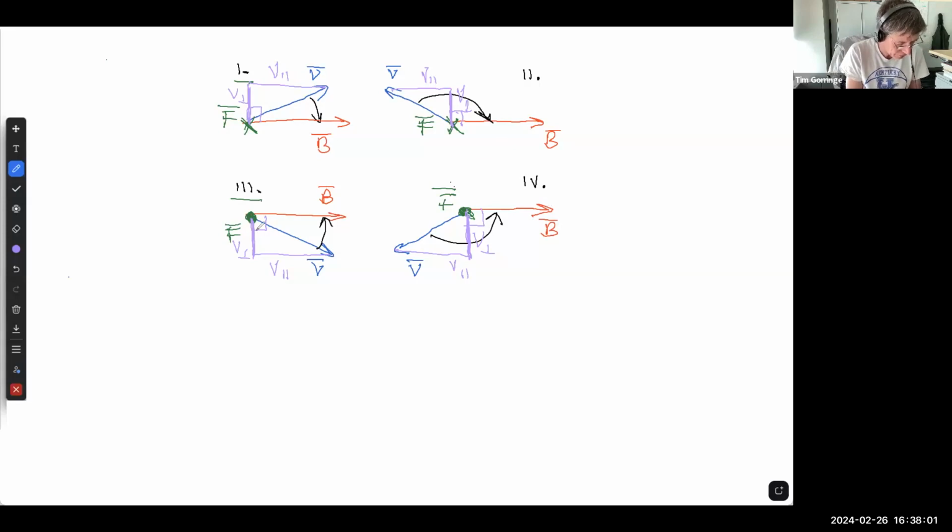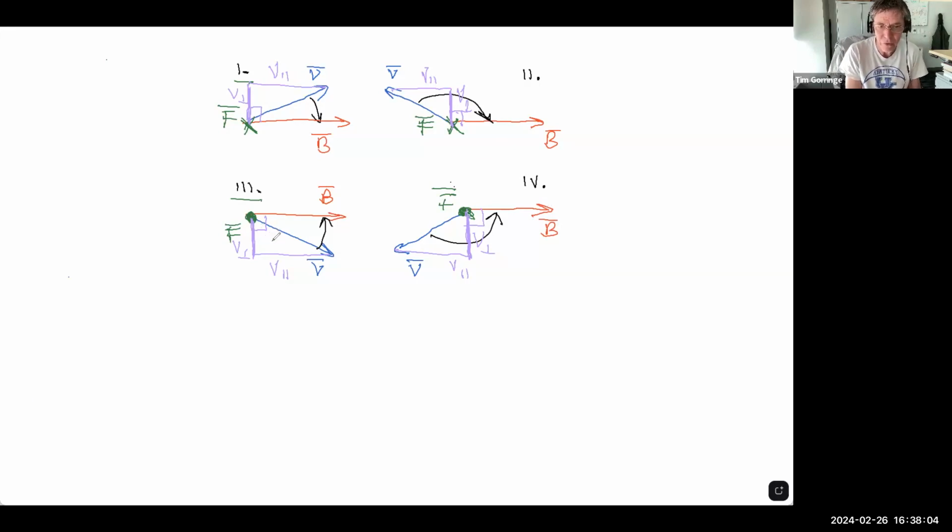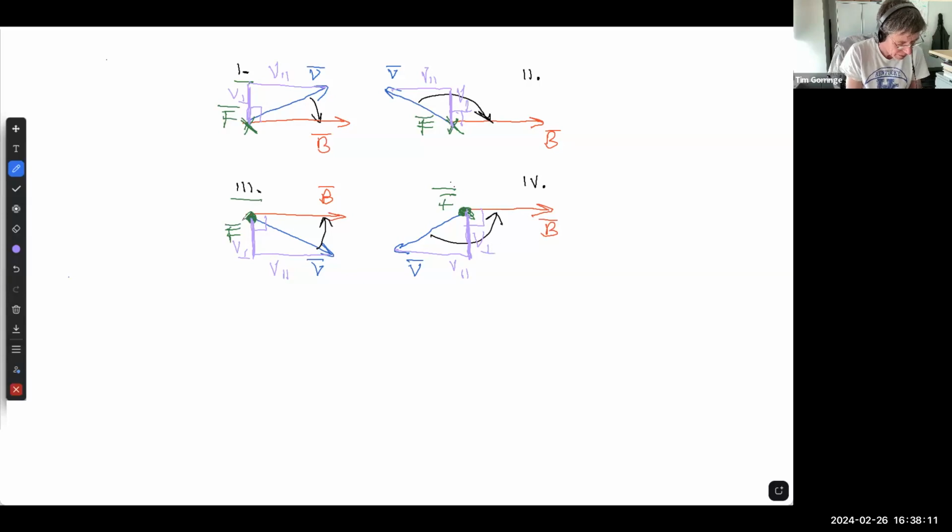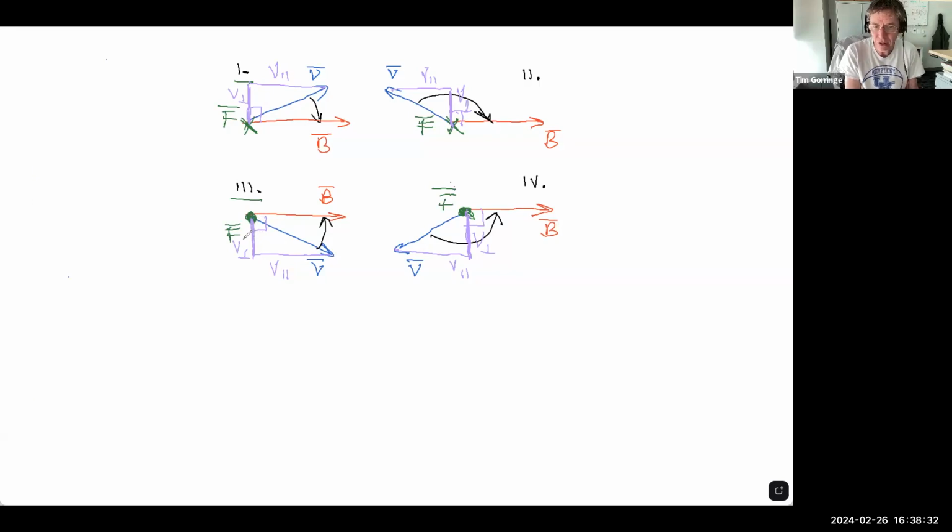From the perspective of the perpendicular component of the velocity with respect to the magnetic field, both of these sketches look the same. The components are below the magnetic field lines in the lower two sketches, and V perpendicular is above the magnetic field lines in the upper two sketches. So for the lower case too, the resulting magnetic force is the same direction. It's out of the screen because the perpendicular component of the velocity was in the same direction in these two sketches.